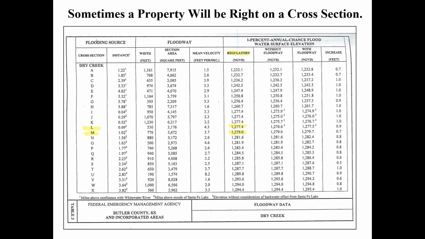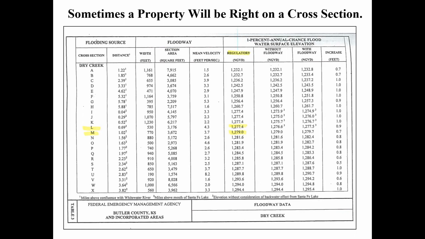And then we've got 1277.4 for cross section L. And then for M, we have 1279.0. And again, M is the upstream cross section. So 1278.2 is in between these two numbers. So that checks out, it looks correct and reasonable.